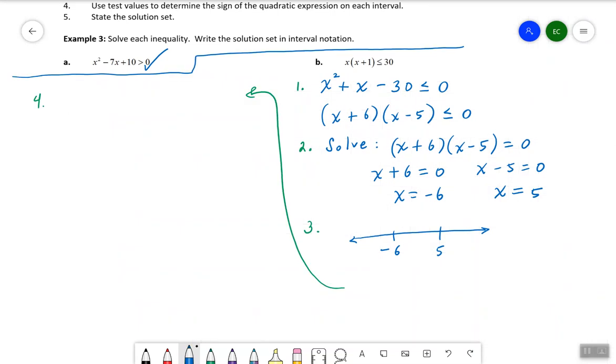The columns of the table will be test interval, and then test value, and then what is the sign of x plus 6 times x minus 5.